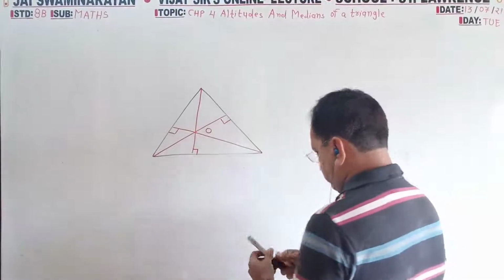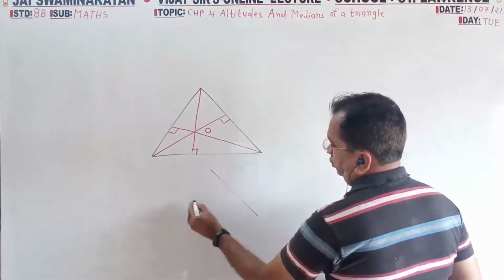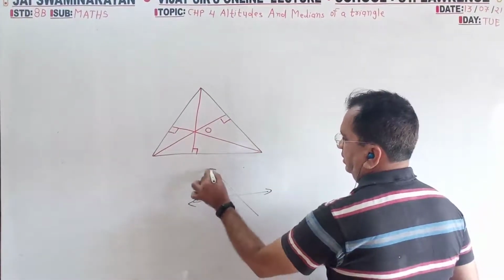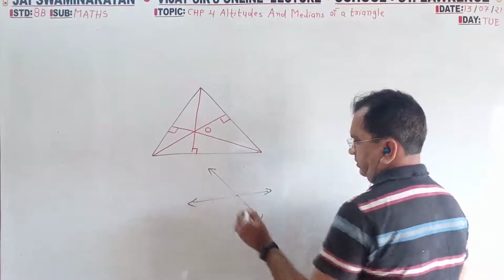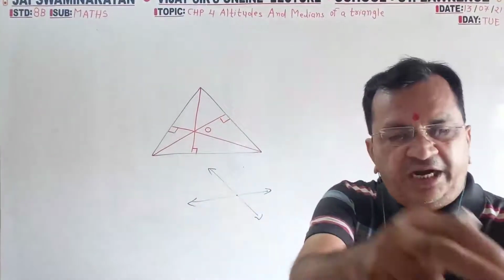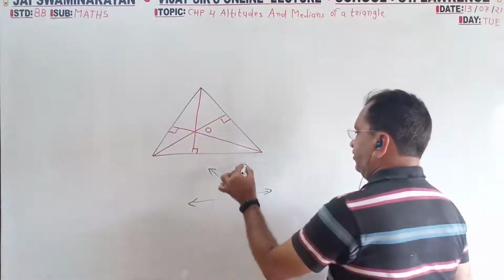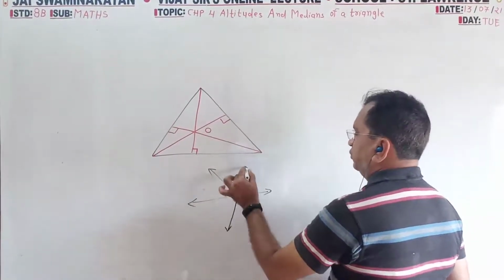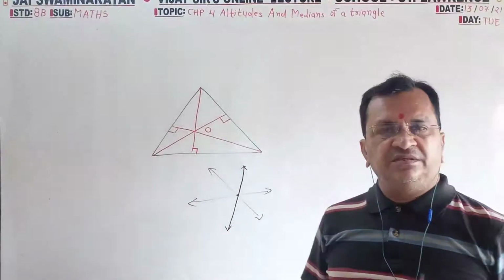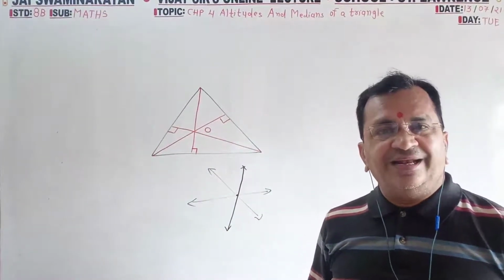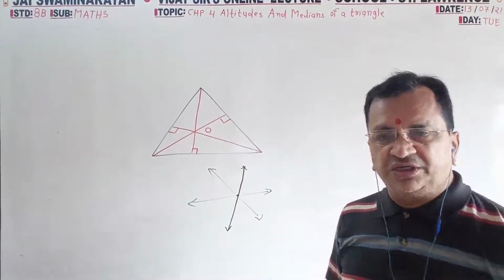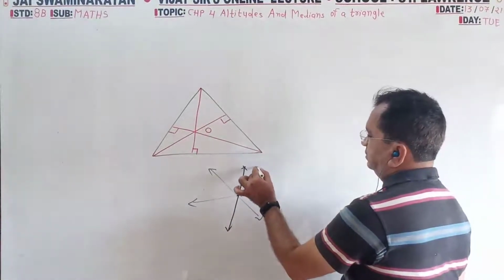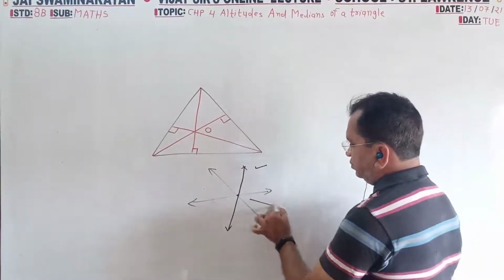Two lines always pass through one point, but if more than two lines pass from a single point, then the lines are said to be concurrent, and the point is the concurrent point.